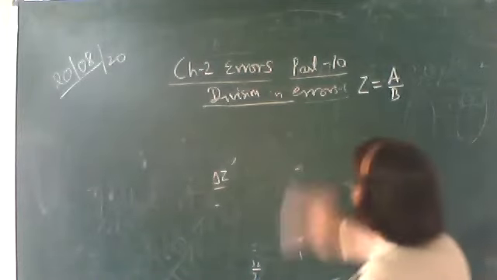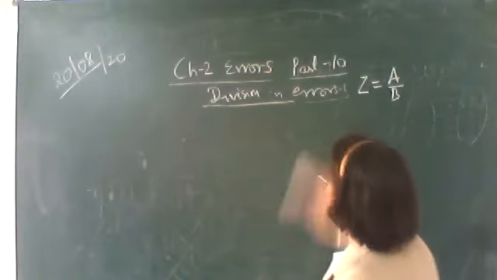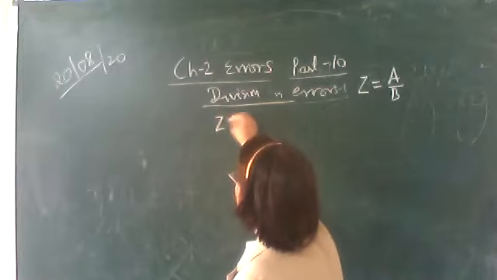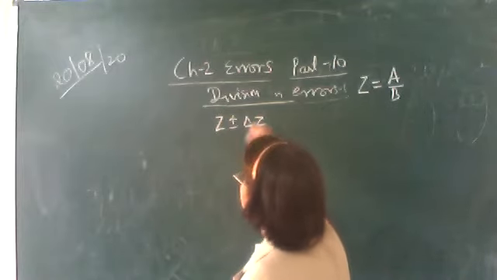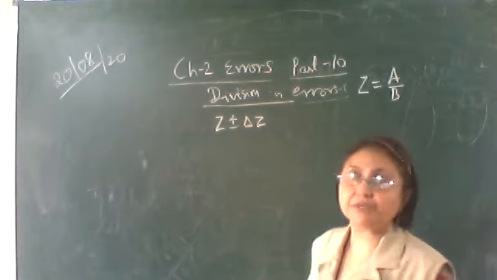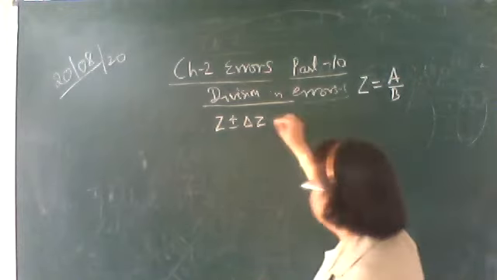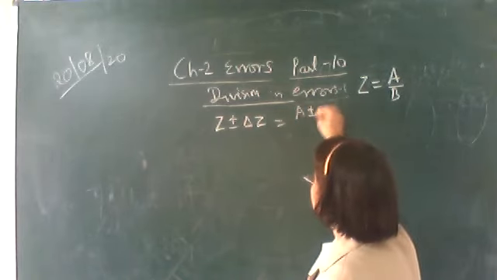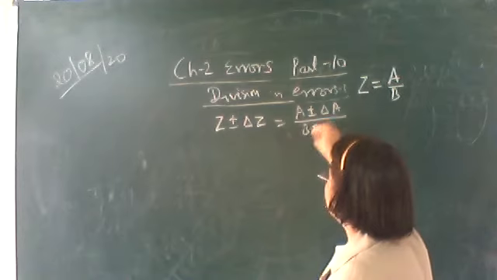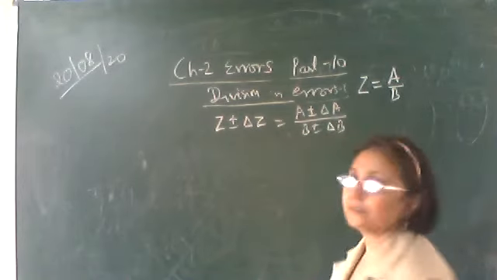So when the measured values are divided, we get some absolute error in the quotient, plus minus delta z. Now the quotient can be written as z plus minus delta z equal to a plus minus delta a divided by b plus minus delta b.